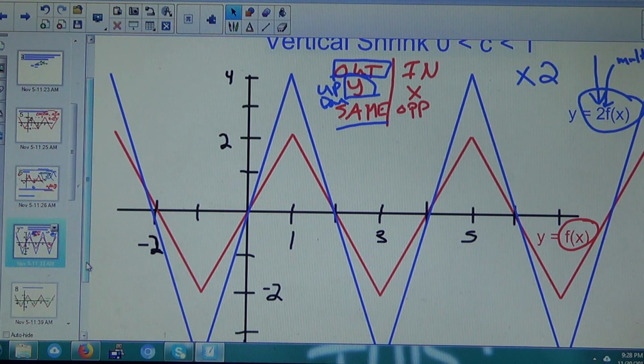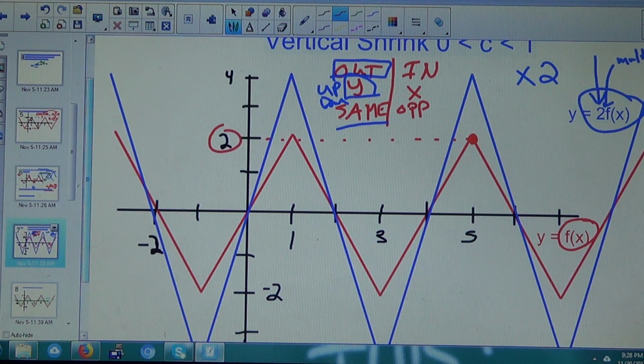So here's how you're going to do this, and you're going to do this on the assignment today. Okay, you're going to take the height, because it's the y values that change. How tall is this right now? 2, yes. So if I take 2 times 2, what's my new height going to move to? 4, which you see how that bounced up to there, stretched out. Let's say I take this point. What's the height? 0. So what's 0 times 2? 0, correct.